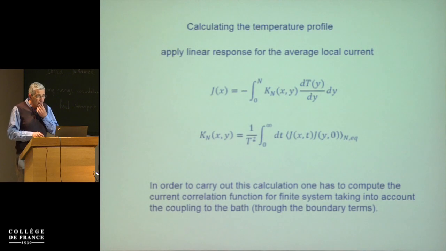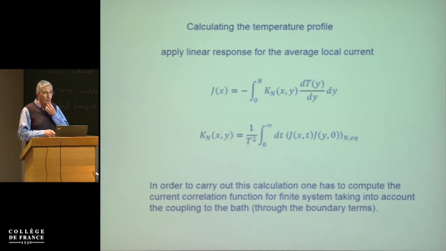How does one calculate, in principle, the temperature profile? If one applies linear response theory to finite systems, one gets a relation where the current at the point x is related to some kernel, K_n of x,y, times dT/dy, integrated over y.